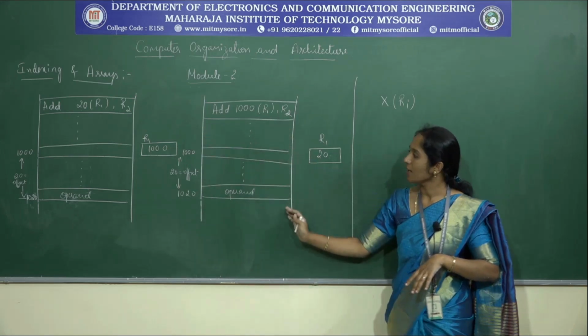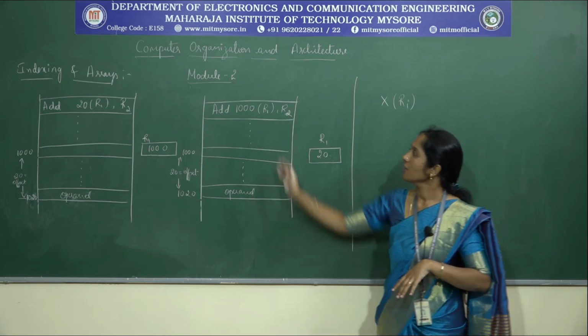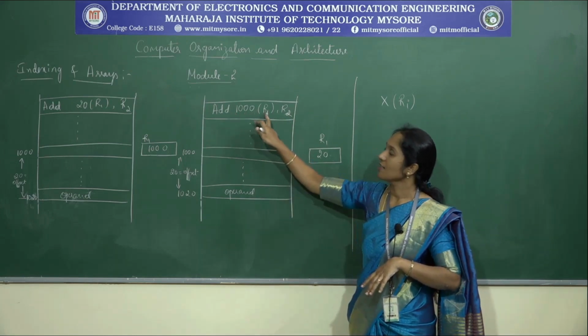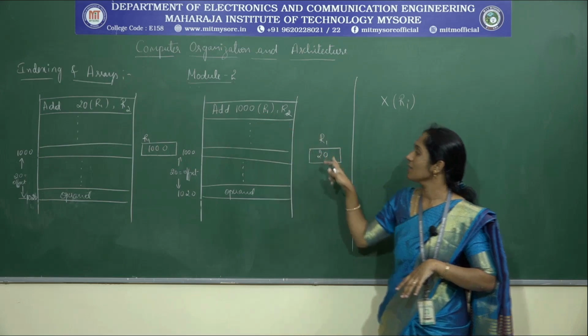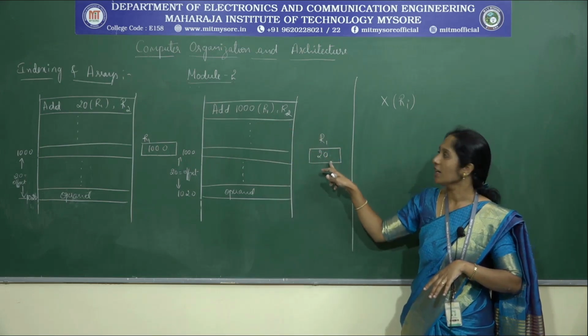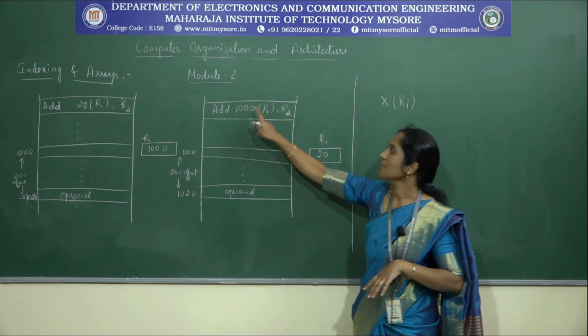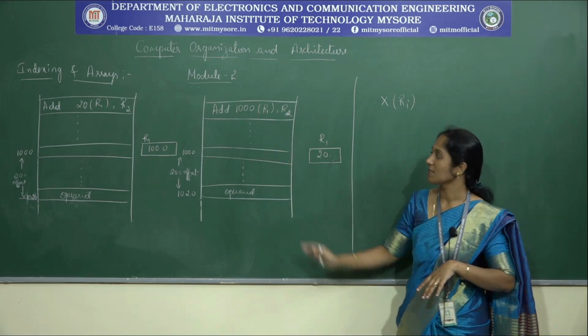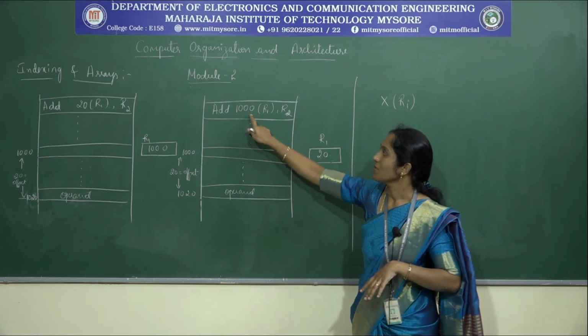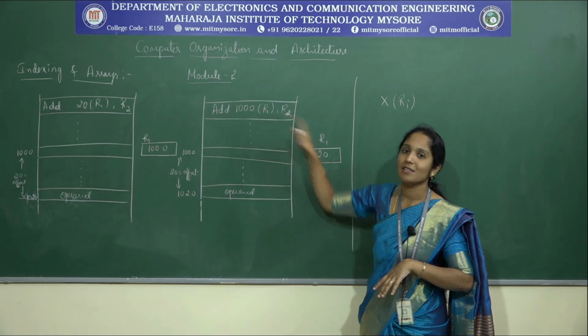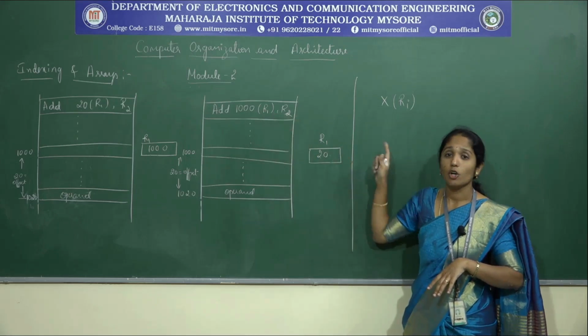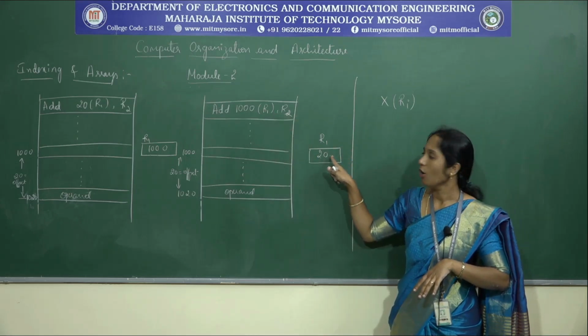And if you observe the second way of representation, the index register is used for representing the constant, that is the offset 20, and the memory location is specified explicitly. So we have 1000 here and the contents of R1 is nothing but the offset to be added in order to obtain the address of the operand.